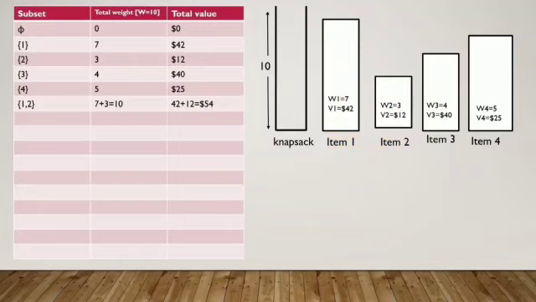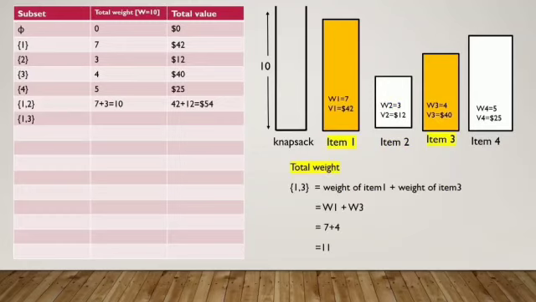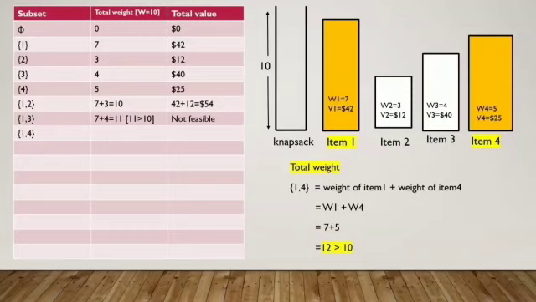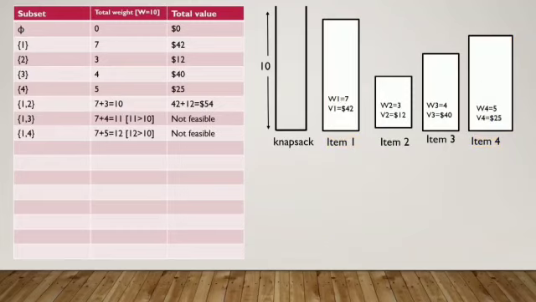Next, if we take the combination of 1 and 3, here the total weight will be 11, which is greater than our knapsack capacity 10. So in this combination, the total value is not feasible. Similarly, for combination 1 and 4, since the weight is 12, which is greater than 10, again the value is not feasible.